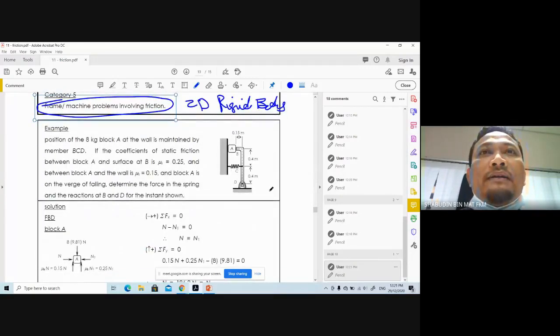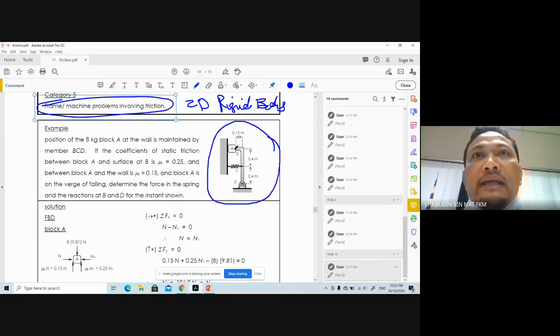I will come to you. Friction involving rigid bodies at point A, that point here and that point there. At the dotted points, you have friction.